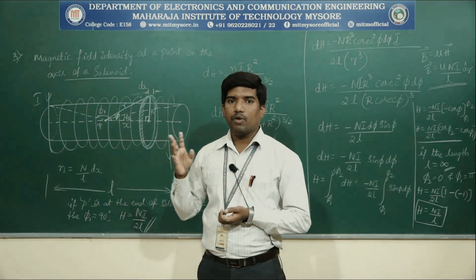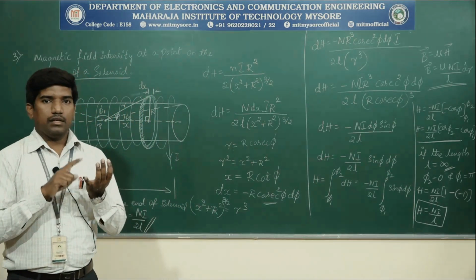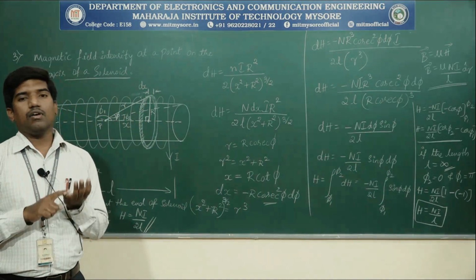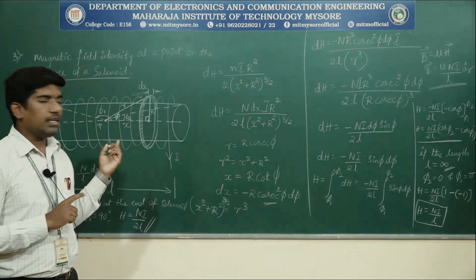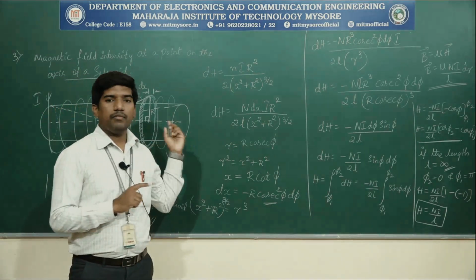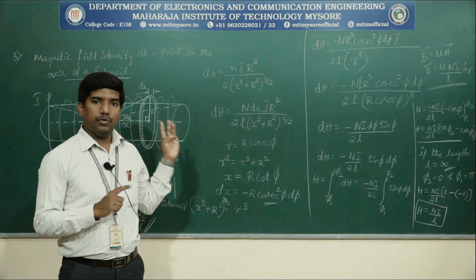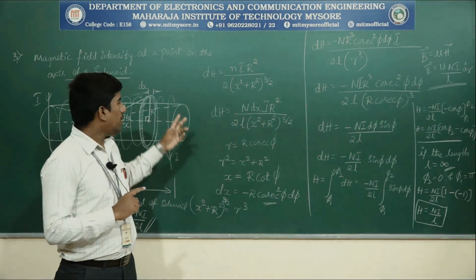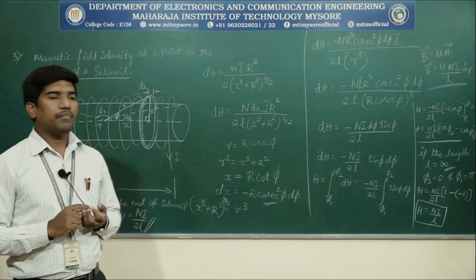Let me recall what we have studied in this particular session. We have seen the effect and cause of magnetic field and magnetic flux density. We have seen the symbols and the relationship between magnetic field intensity and magnetic flux density and their units, right? We have derived the mathematical equation for Biot Savart's law.